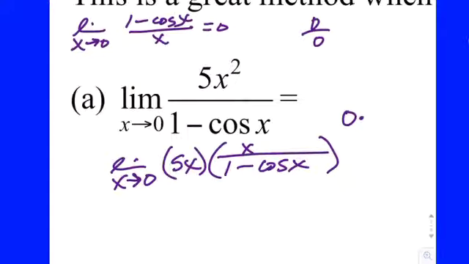Oh boy, I have 0 times infinity. That is a great tug of war, isn't it? Infinity is pulling it infinitely large in magnitude, and 0 is pulling it infinitely small in magnitude. Who's going to win that tug of war? You think 0 wins? 0 is pretty powerful, right? But up against infinite power?